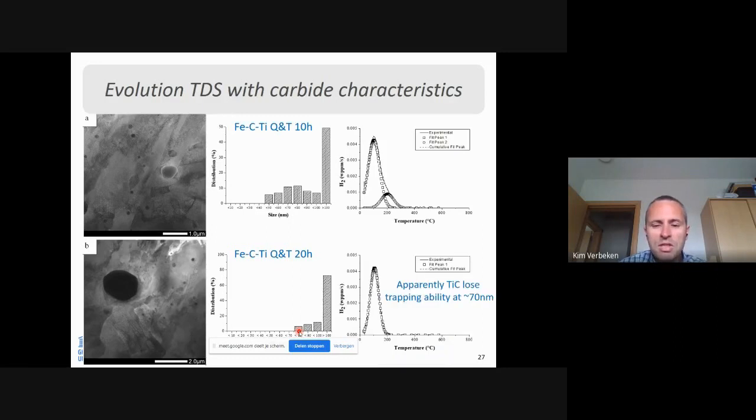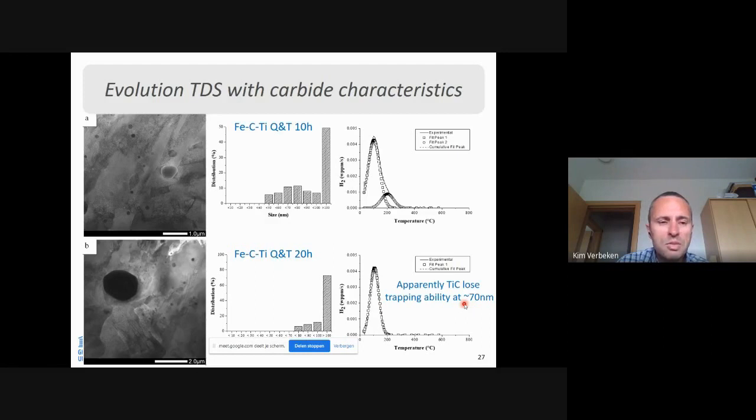And when we do the TDS spectrum, actually the spectrum was identical to the spectrum of the quenched structure. So apparently the titanium carbides in the configuration that we are investigating here, for this material, they lose their trapping capacity when they are about 70 nanometer in size.